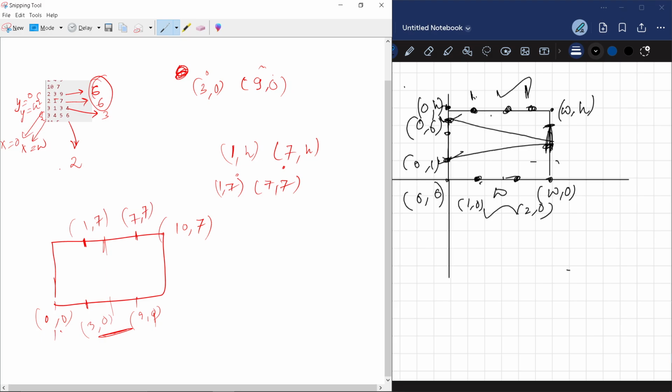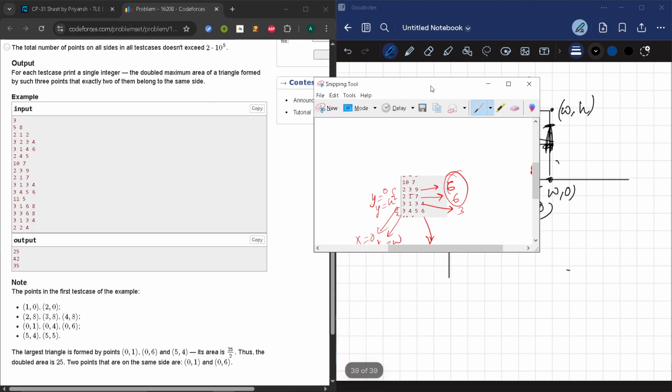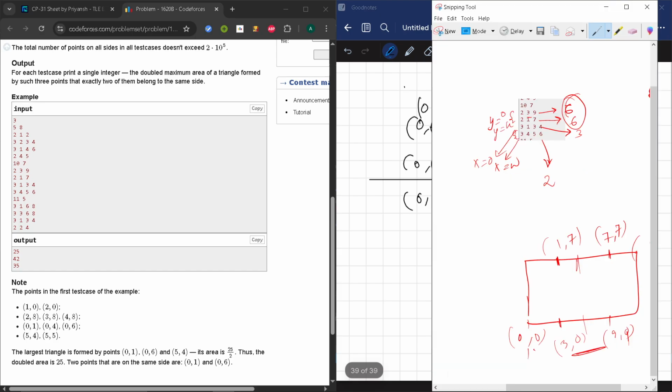What is the other point to be taken as? Now what I need to do is just iterate over the points.